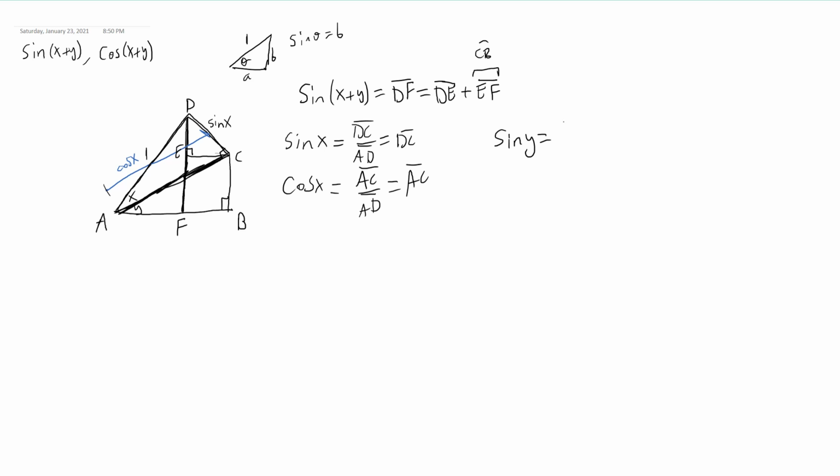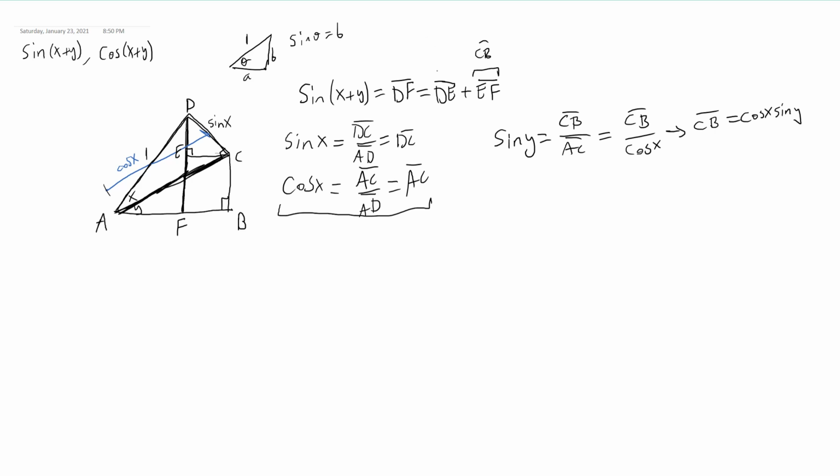Sine of y is length CB over AC. But we've already found AC. AC is the cosine of x. So length CB over cosine of x. And then multiplying both sides by cosine x, we get length CB is cosine of x times the sine of y. And so that is one of the lengths that we need. That's the EF length, because EF and CB are the same length.